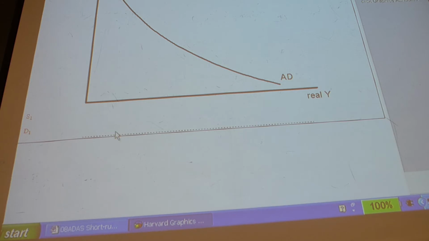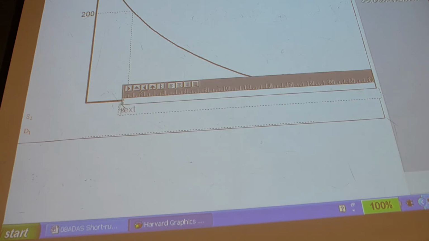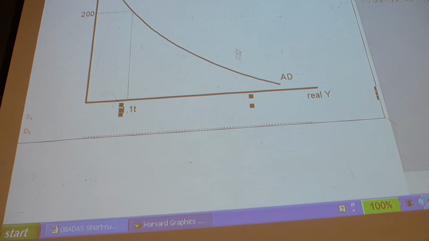So, for example, if the price level in Canada was 200, then the GDP, Y over here, might be 1.1 trillion.